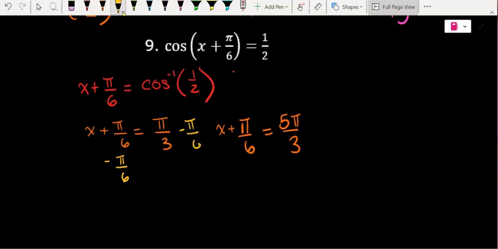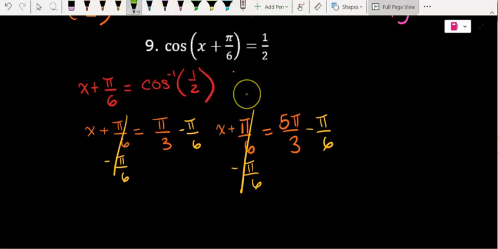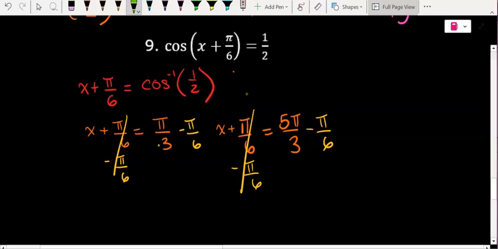And so now I can go ahead and subtract both sides by pi over 6 to get rid of the pi over 6 here that's attached to the x, and that's going to get x by itself. Now, keep in mind here, I'm subtracting fractions, so I have to have a common denominator. So I'm going to multiply by 2 right here, and same thing here.